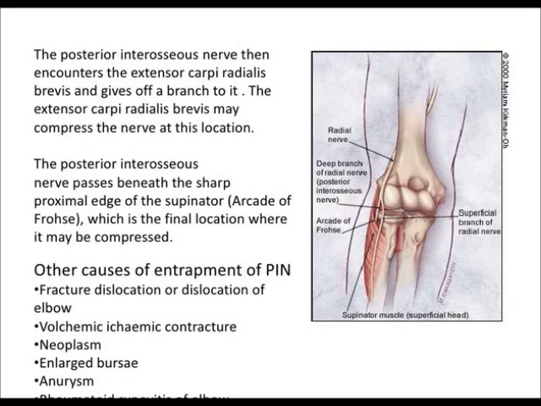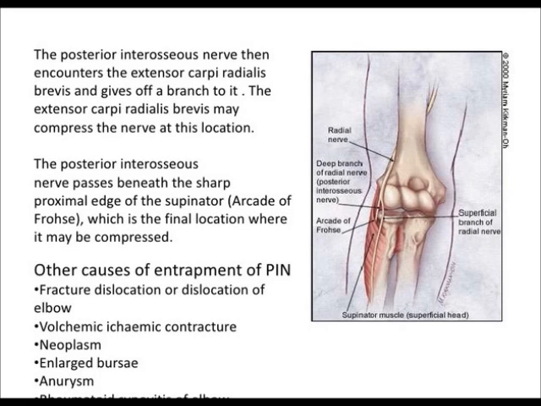The posterior interosseous nerve then encounters the extensor carpi radialis brevis and gives a branch to it. The extensor carpi radialis brevis may compress the nerve. The posterior interosseous nerve passes the short proximal edge of the supinator, the arcade of Frohse, which is the final location where it may be compressed.